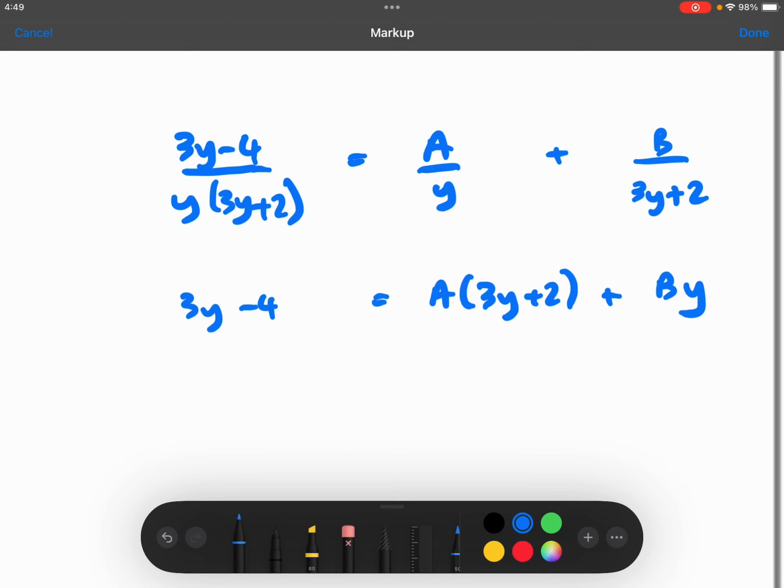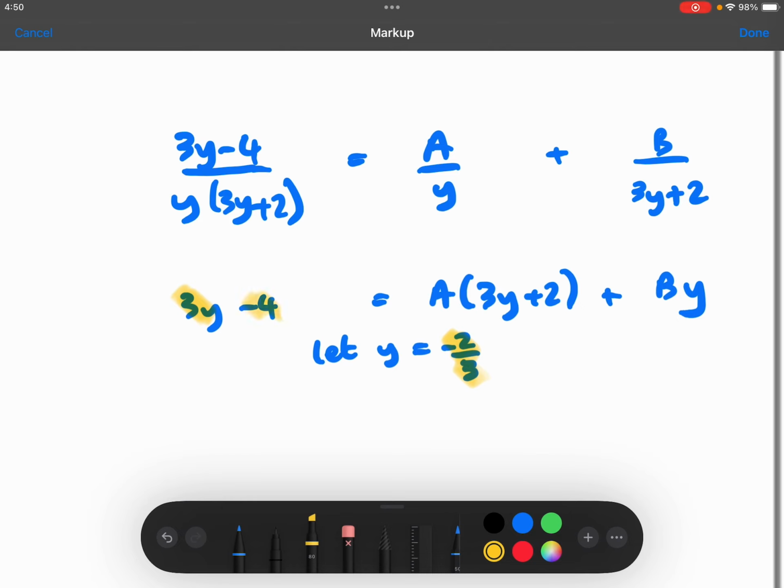If I say let y equal minus 2/3, that's a good idea because this is now going to become 0, so I won't need to worry about the a part. The left-hand side, we've got 3 times minus 2 over 3, which is minus 2.